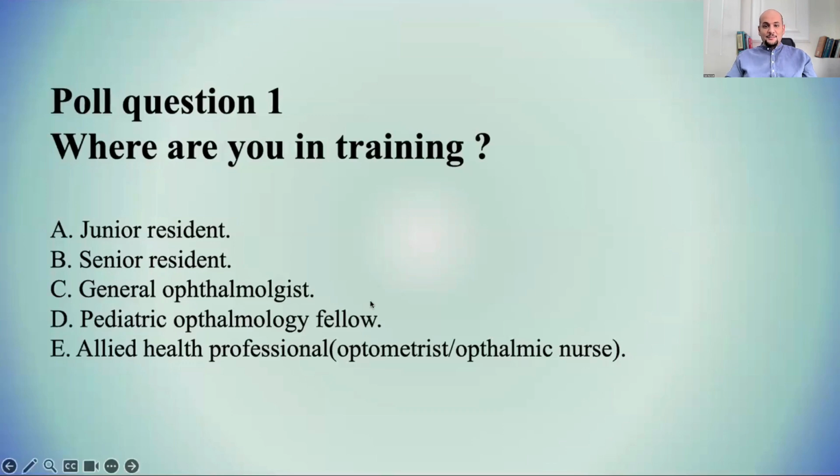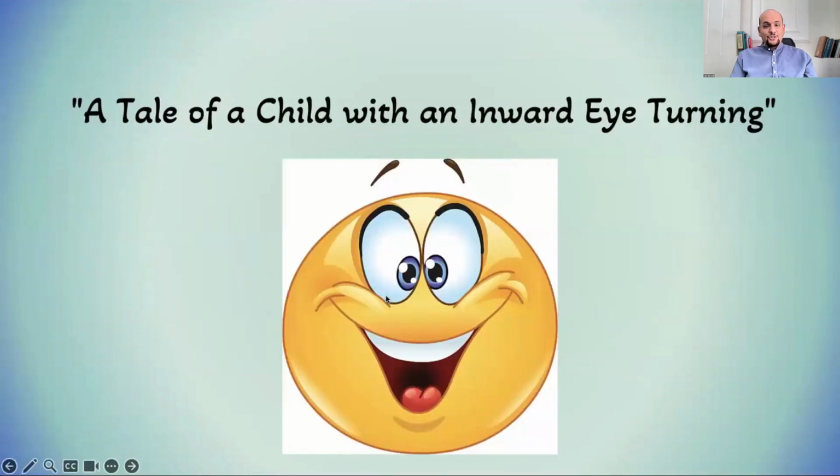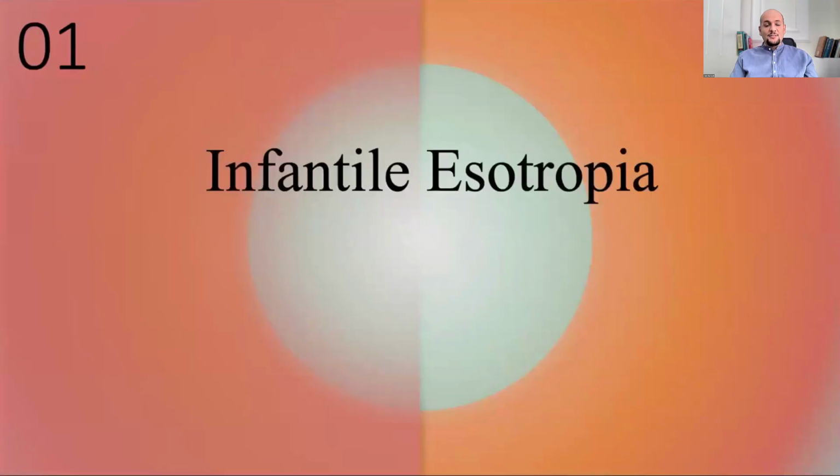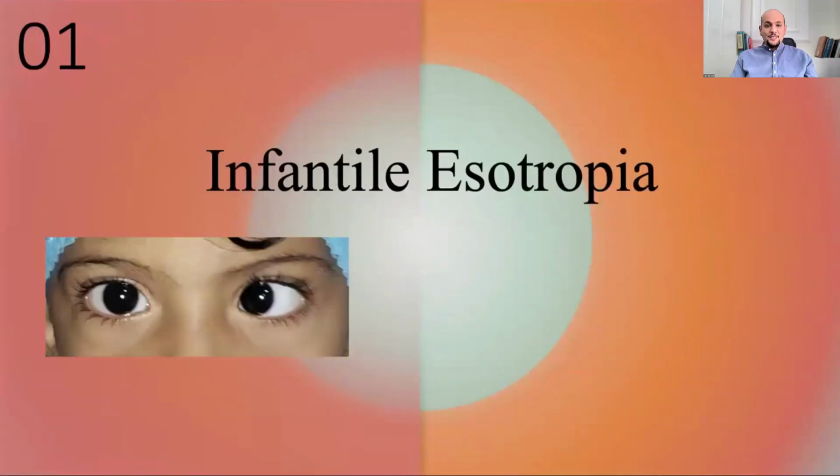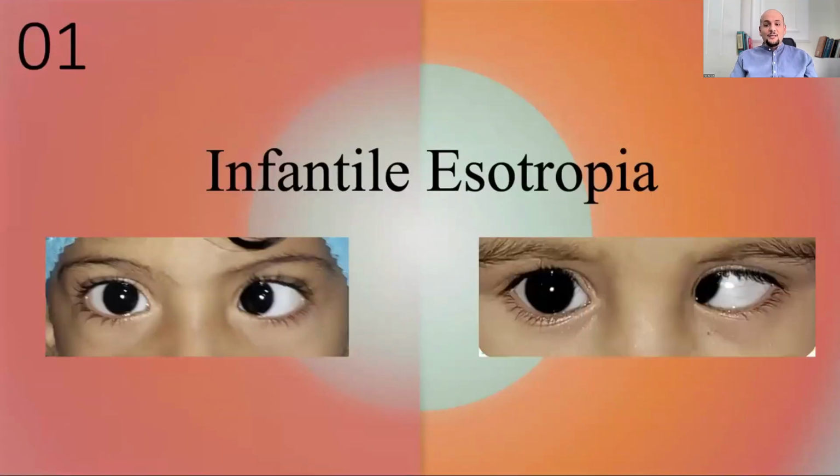So let's start. A tale of a child with an inward eye turning. I will start with discussing cases of esotropia. So let's start with infantile esotropia. As you all know, infantile esotropia, usually the patient will present in the first 6 months, and patients usually have moderate to large constant eso deviation more than 30 prism diopter.